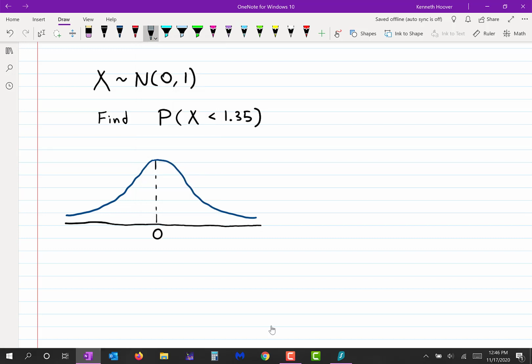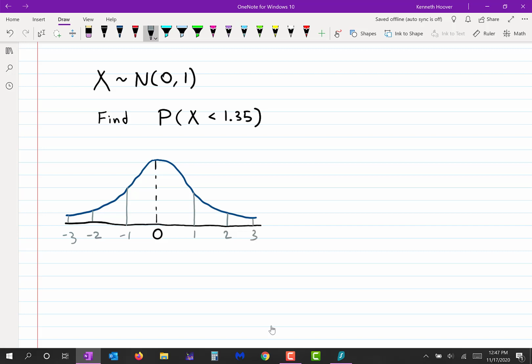It tells us that about 68% of the area is between -1 and +1. About 95% of the area is between -2 and +2. And about 99.7% of the area is between -3 and +3. Okay?